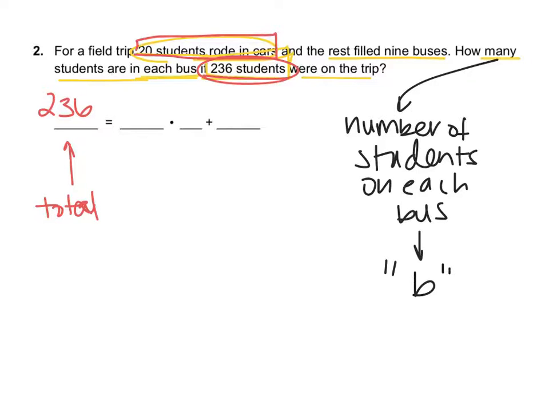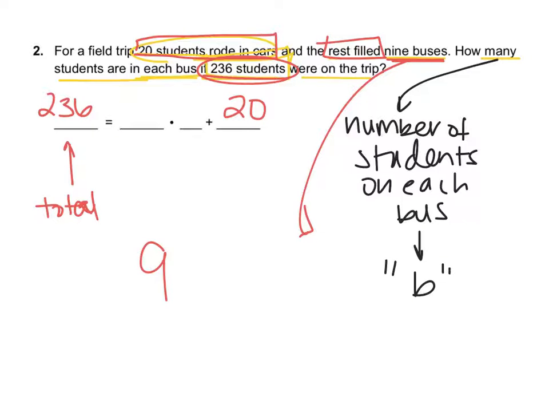It doesn't tell us anything about the students. So we know that that's going to end up being the number that's by itself, or that plus 20, because 20 students rode in cars. The rest filled 9 buses. So 9 buses of students on each bus, right? So there's 9 buses, and then we're seeing how many students are on each bus.